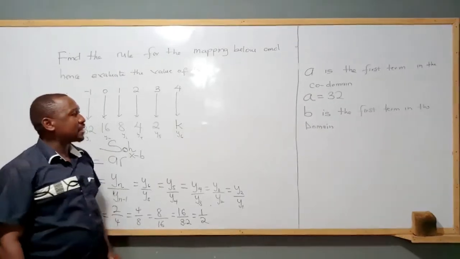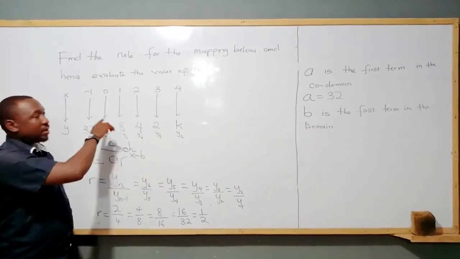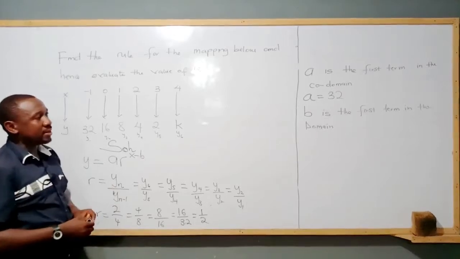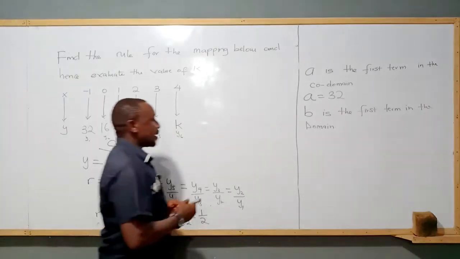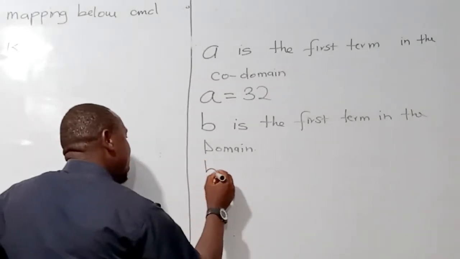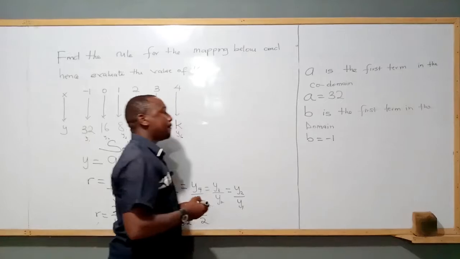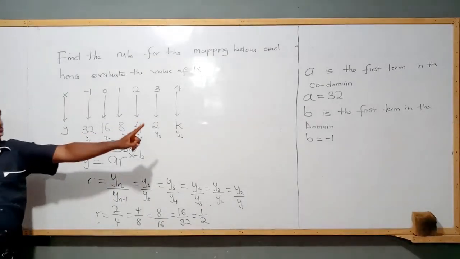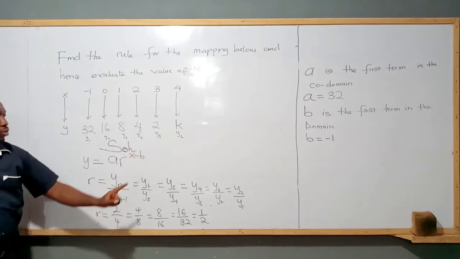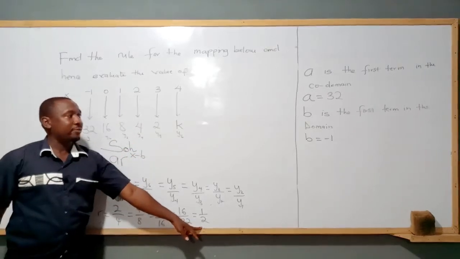So what is the first term in the domain? When we come here, the first term in the domain is -1. And that means B is equal to -1. A is equal to 32, B is equal to -1, and the common ratio R is equal to half.